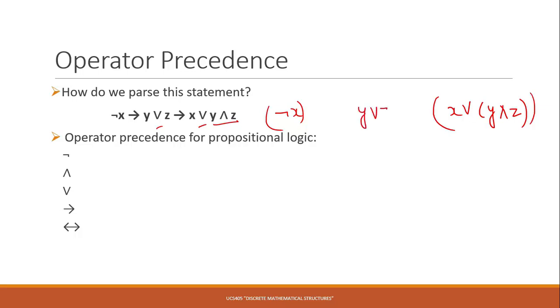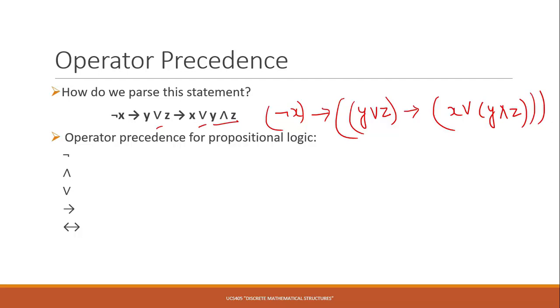After that, we will perform y or z. Next, you have implication. Again, right to left associative, so you will perform this implication and then at last you will perform this implication. So this expression is equivalent to this statement.